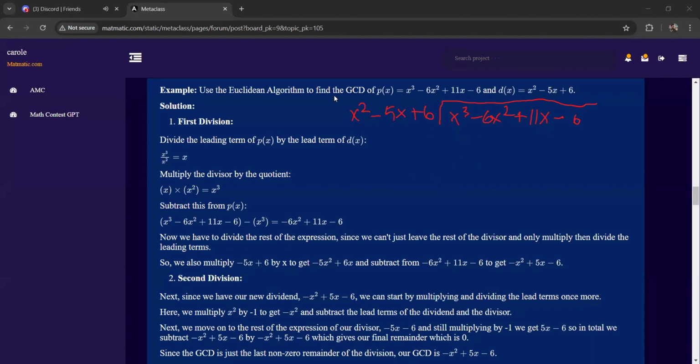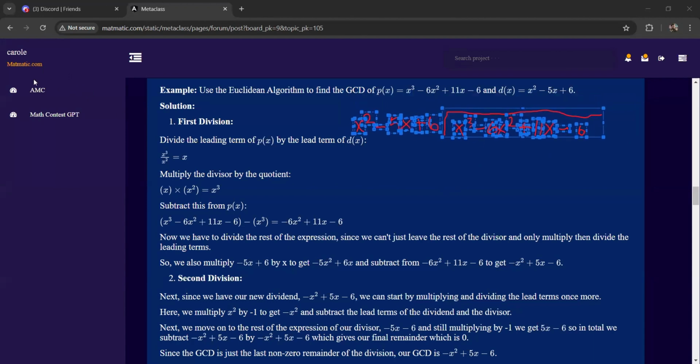Let me just move this down really quick. Okay, so first we can start with canceling this leading term right here. So as you can see, we just multiply x to the power of 2 by x, and we get x to the power of 3. So this just cancels out.